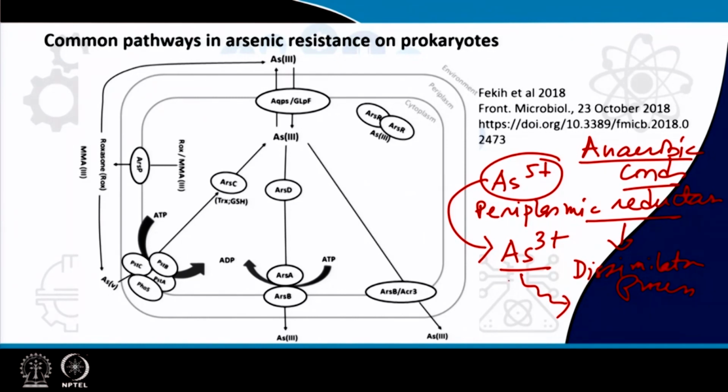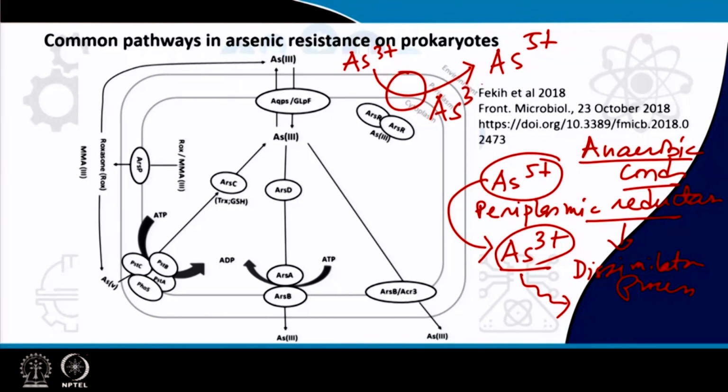So, the microbes must utilize some strategy to combat the arsenic 3 toxicity. For that, they use another periplasmic space or cell envelope based enzyme, that is called AIO or arsenite oxidase. So, this arsenite oxidase converts, this is basically what we call AS3 plus oxidase.